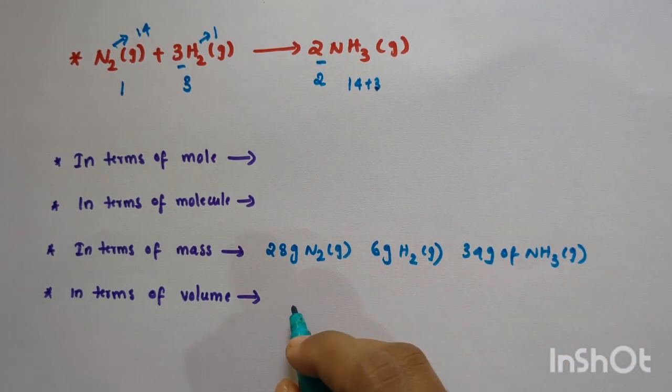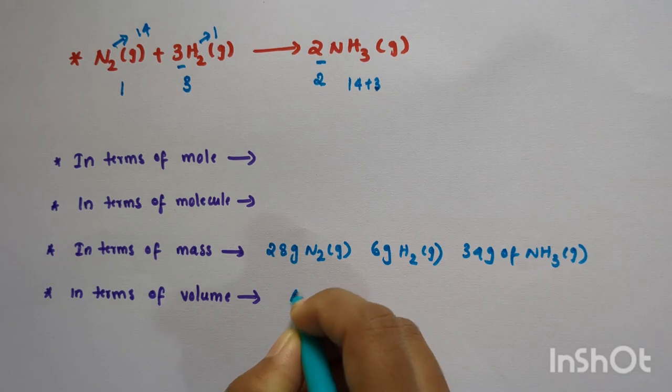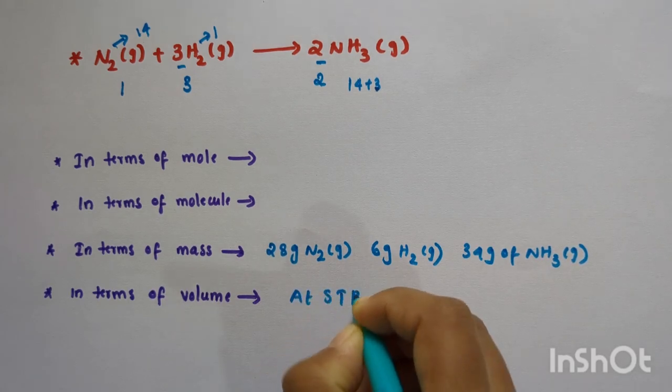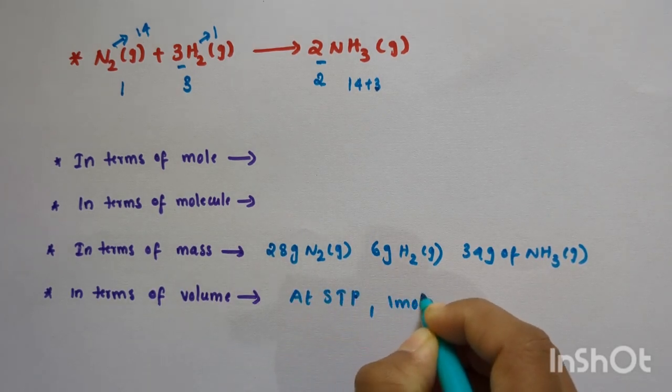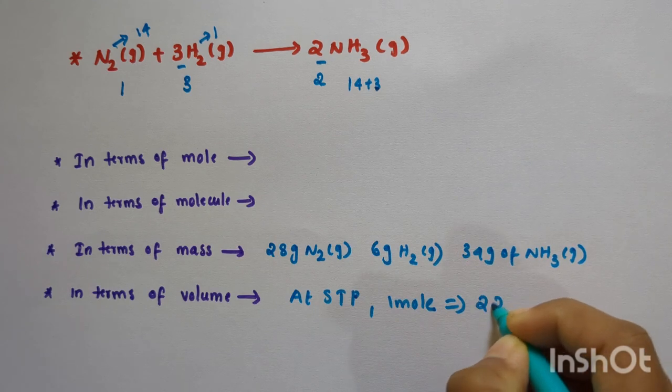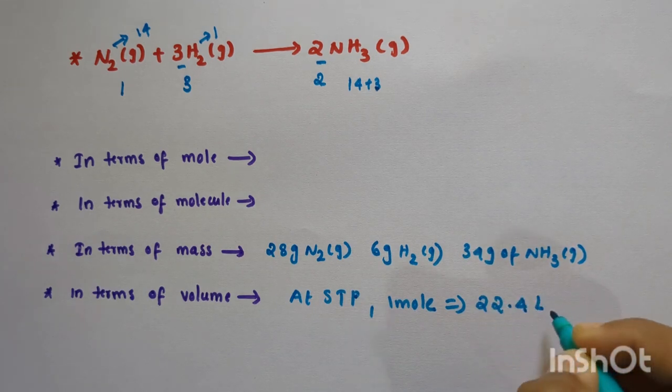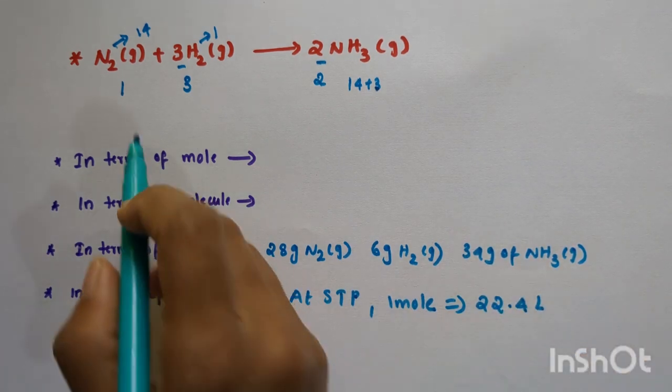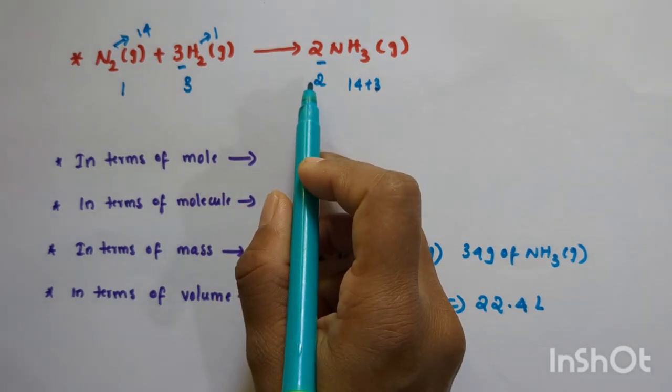Similarly, in terms of volume, at STP, 1 mole of an ideal gas occupies 22.4 liters of volume. So here we have 1 mole, 3 moles and 2 moles.